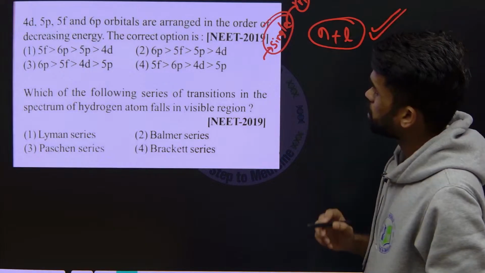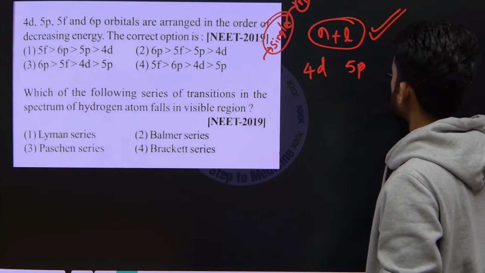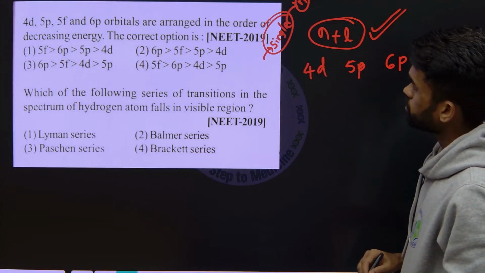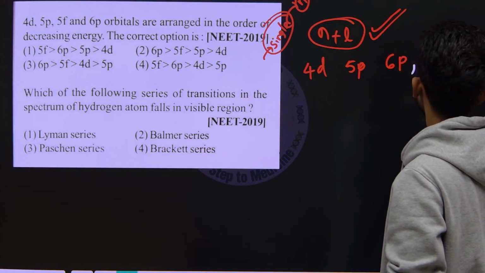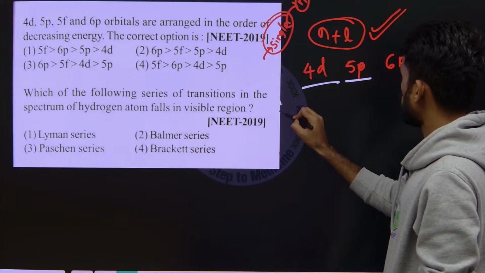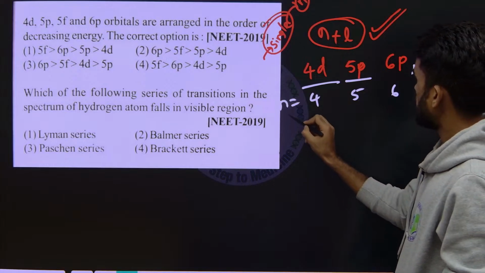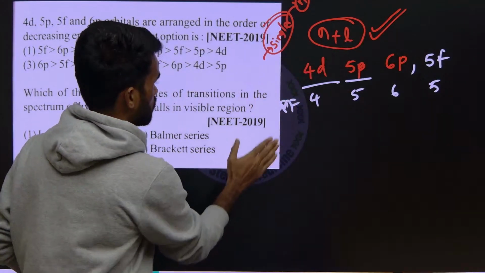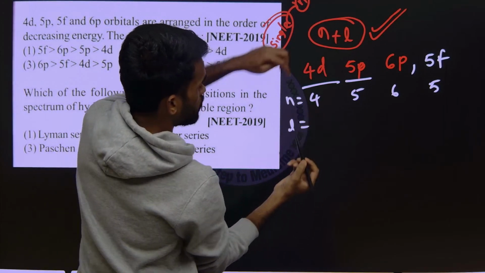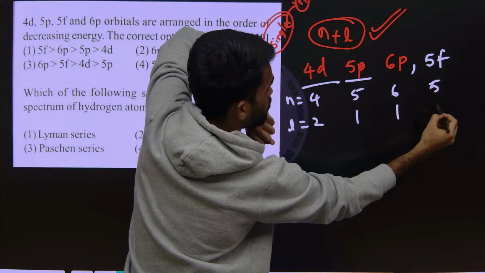So what is the answer for this question? 4d is there, 5p is there, 5f is there, next 6p is there. For this, the n values are 4, 5, 5, 6, and the L values are, for D it is 2, for P it is 1, for P again 1, for F it is 3.